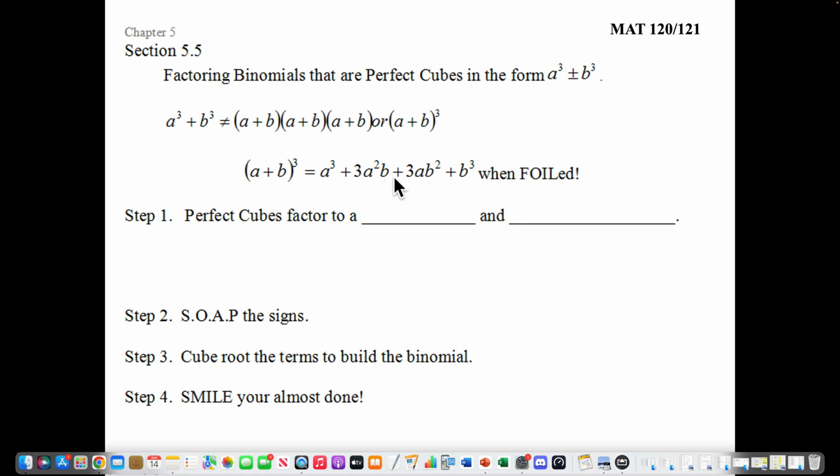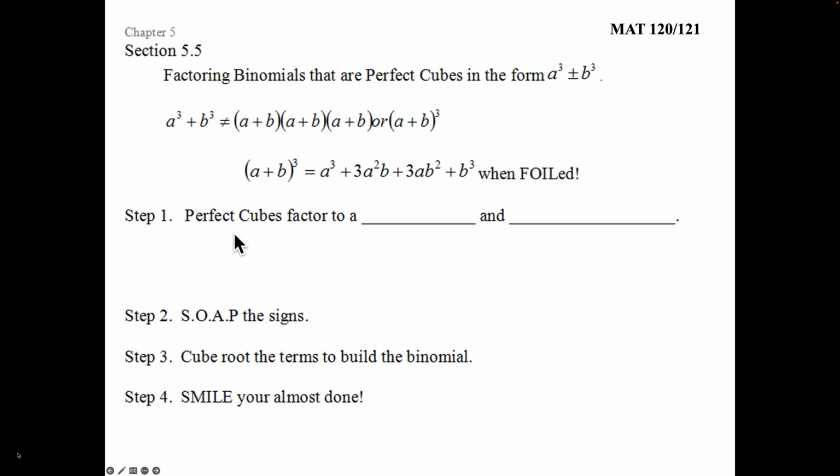All right, so to factor this we're going to use a four-step technique, in which step 1 and step 2 will eventually turn into one step. All perfect cubes are going to factor to a binomial times a trinomial: 2 terms times 3 terms.